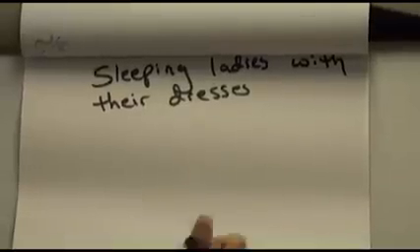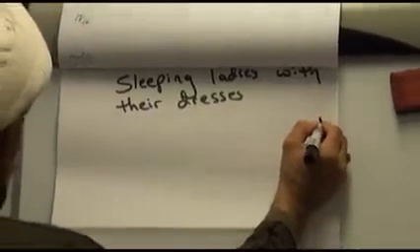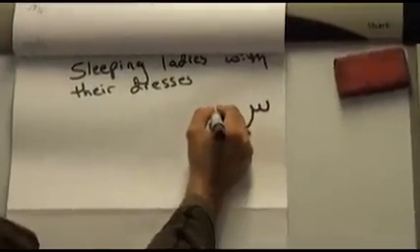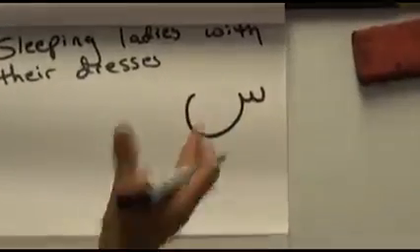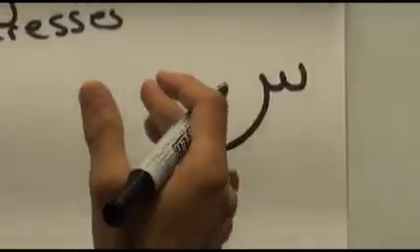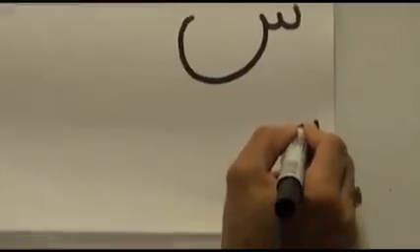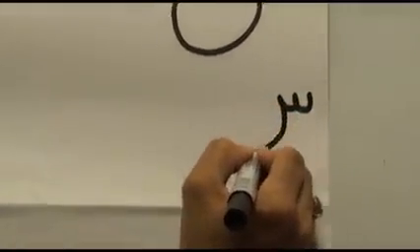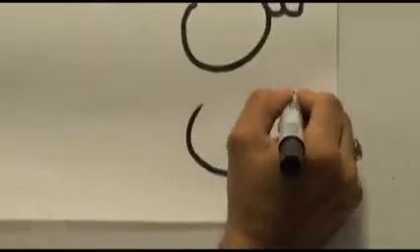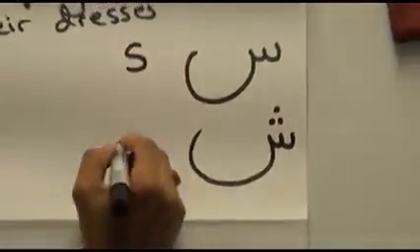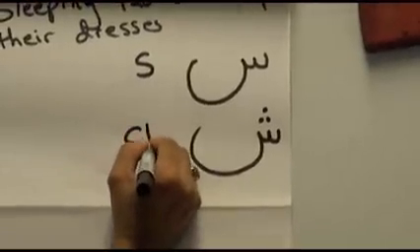Remember, sleeping, seen, starts with seen. Oh, this is her dress. See, that's her dress, dangling down. So we have 4 types of sleeping ladies. We have seen, we have sheen. Seen is like s, sa. Sheen is like sh, sha.